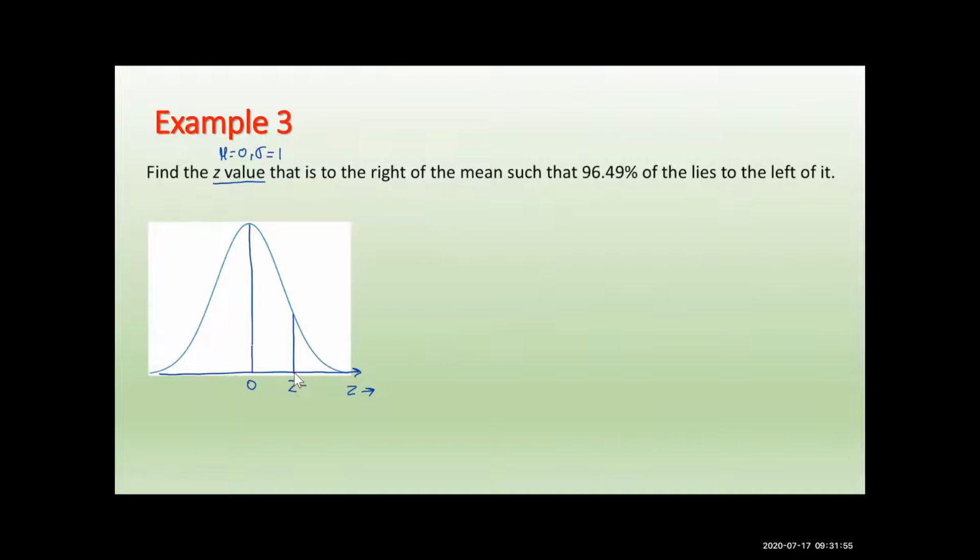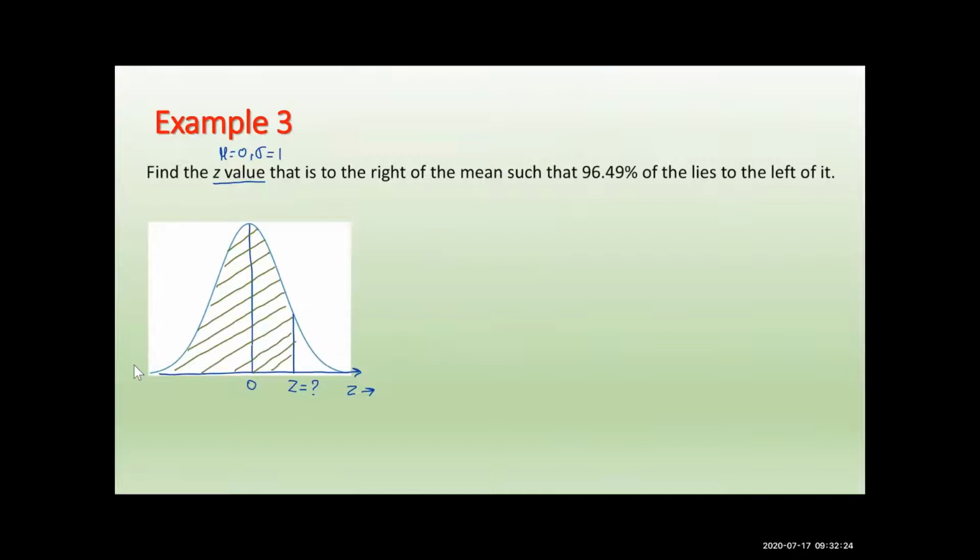We need to find out the value of z such that 96.49% of the area lies to the left of it. When I say area to the left of the z score, we are talking about this area.